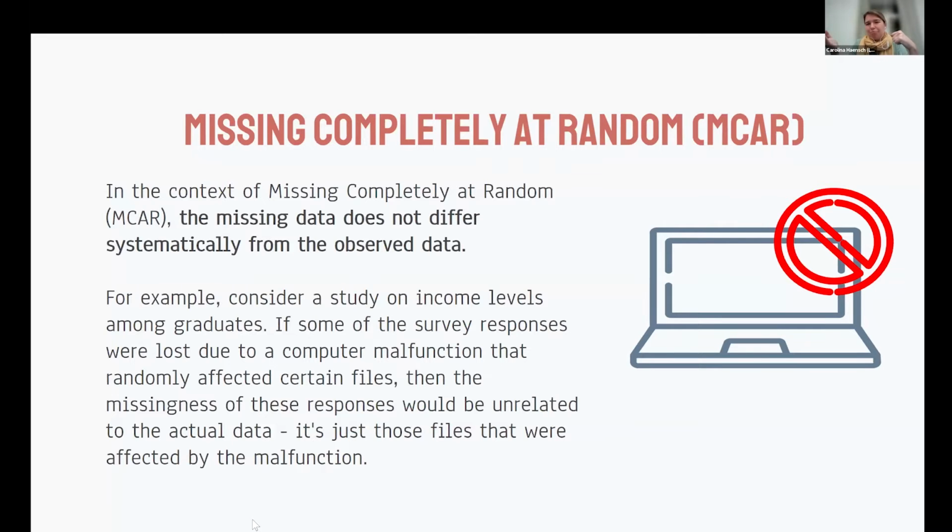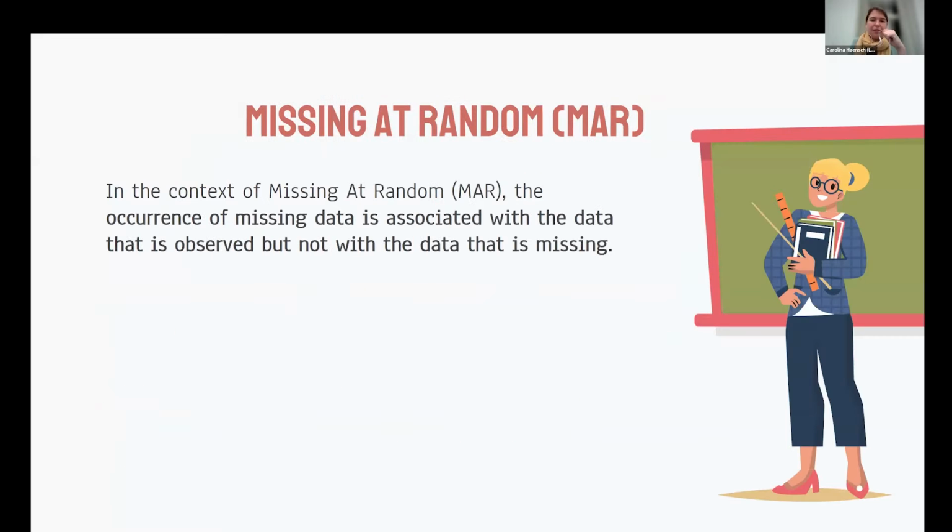But you can probably already see from this example, it's kind of unlikely that we usually have missing completely at random data, because usually it's not a completely random pattern, like with a computer malfunction, but instead we typically have something that we call missing at random.